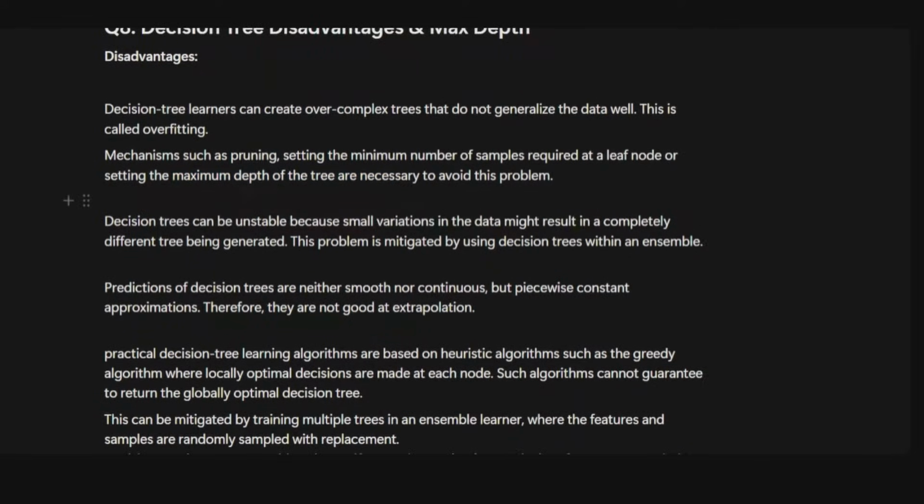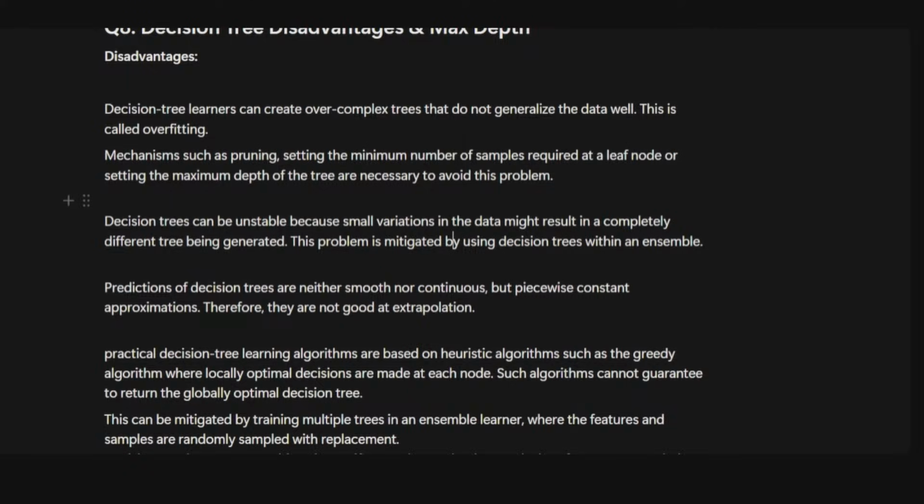Next thing is your decision trees can be unstable. Any small variations in the data will give me a different tree altogether. Let's say I'm running it once, the second time I run it, I could get a different decision tree altogether. Now I can prevent this by using something called an ensemble.